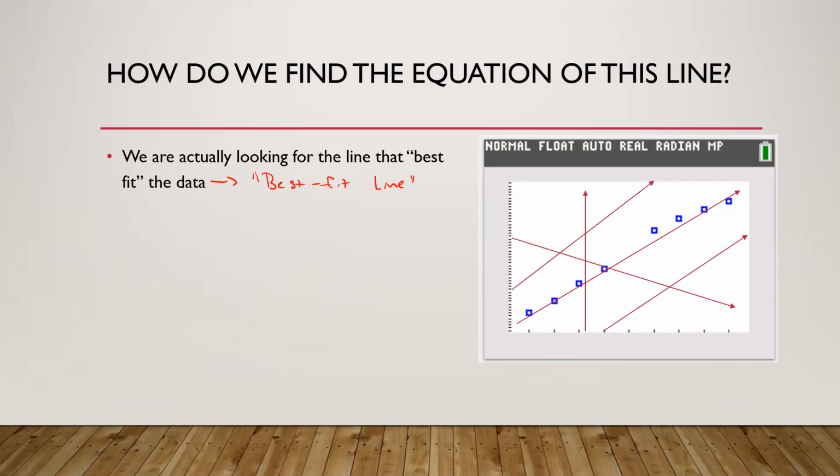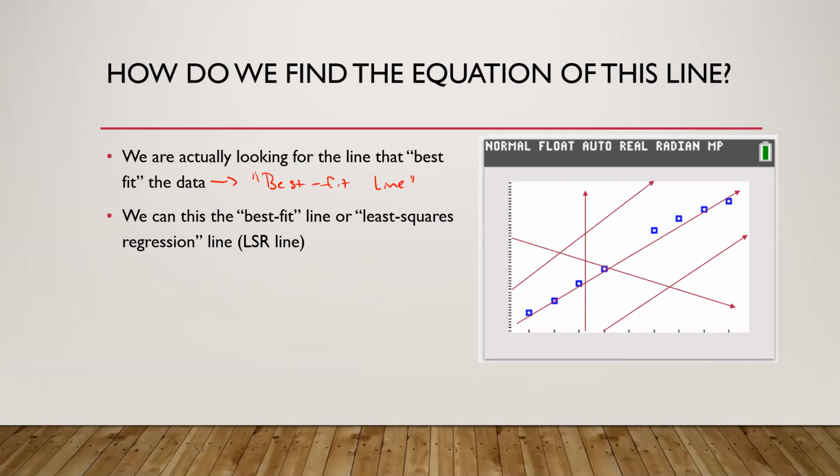So the question now becomes, there's an infinite number of lines that I could pick. How do I find the line that is the best line, the line that literally best fits the data? And it turns out of all the infinite lines you could pick, there is literally only one line that is the best fit line. So we can use this best fit line or least squares regression line.